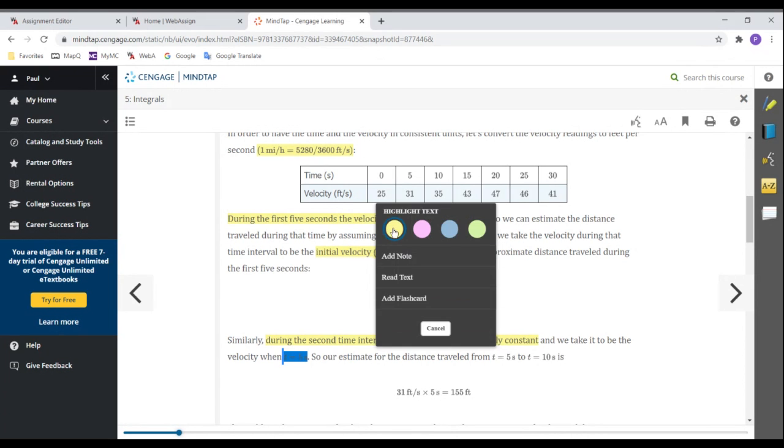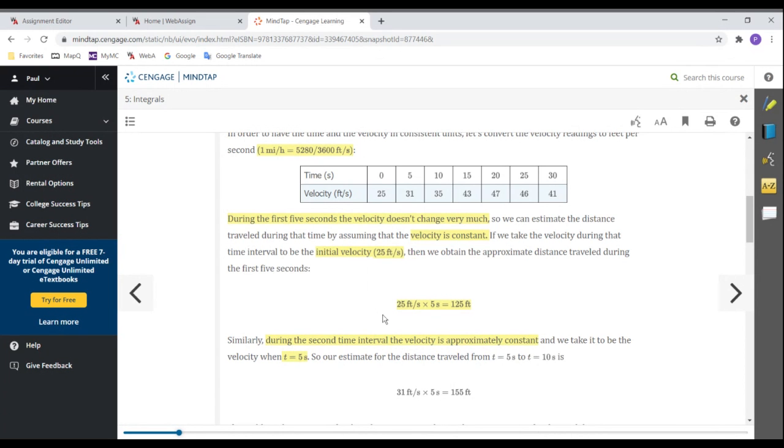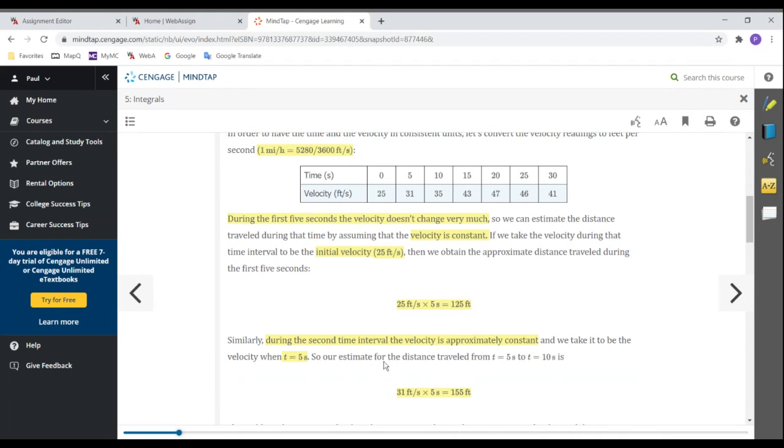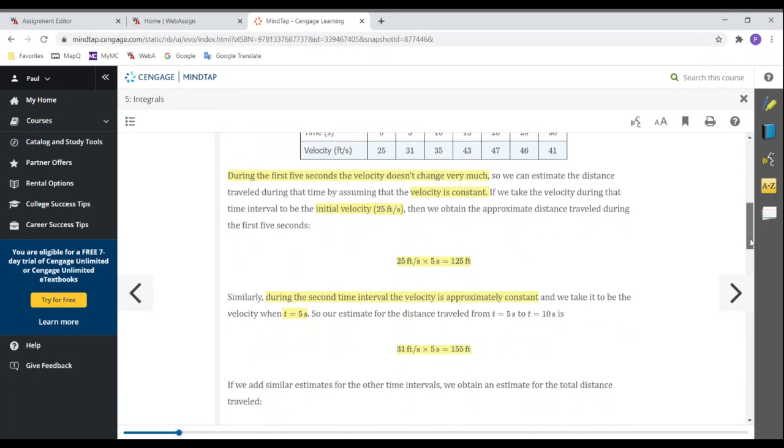For the first estimate of 125 feet, they could have used 0 seconds or 5 seconds, but they used 0 seconds, with 25 feet per second. They're doing the same thing here: the second interval goes from 5 to 10 seconds, and they use the velocity at 5 seconds, which is 31 feet per second, multiplied by 5 seconds to get the second distance.